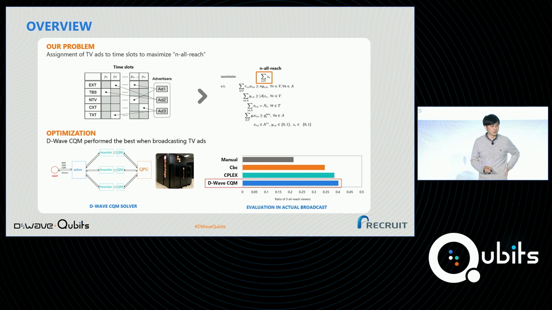So today I'm going to talk about the project of TV commercial optimization using the D-Wave CQM, a quantum classical hybrid solver. We determined the assignment of the TV advertising to the time slots using the D-Wave CQM, and we actually broadcast the TV commercials based on the optimization results.